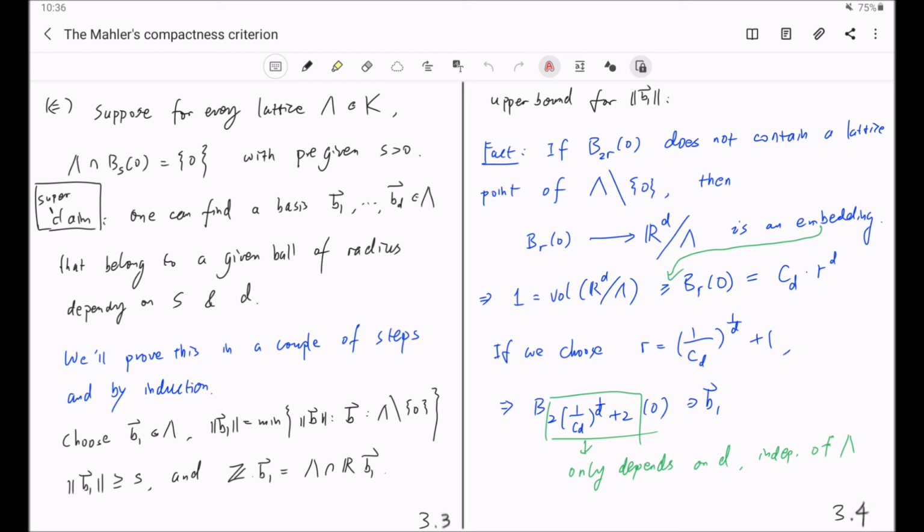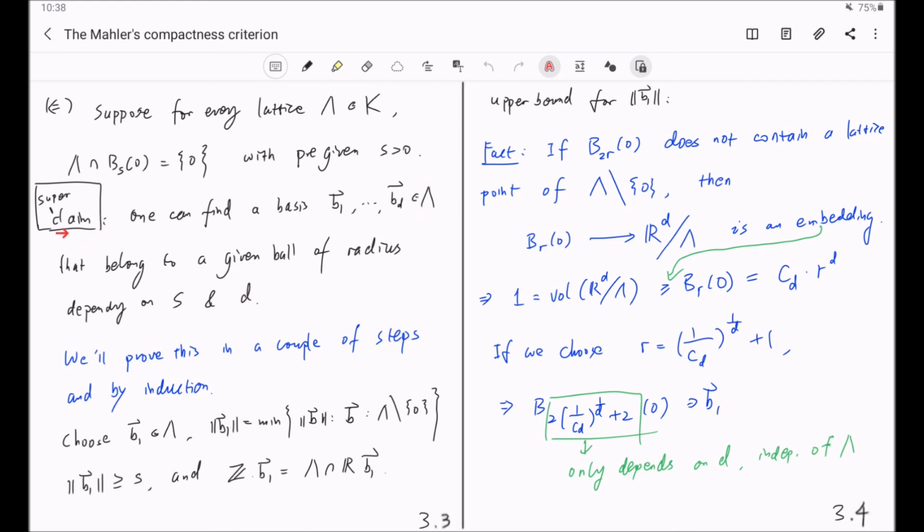Back then, we used another argument to show the existence of such a b sub 1. But now we have proved Minkowski's convex body theorem. And it follows from the Minkowski convex body theorem that the shortest vector in any given unimodular lattice is contained in a ball centered at the origin with radius such that the volume of this ball is bigger than 2 raised to the power d, where d is the dimension of the lattice.